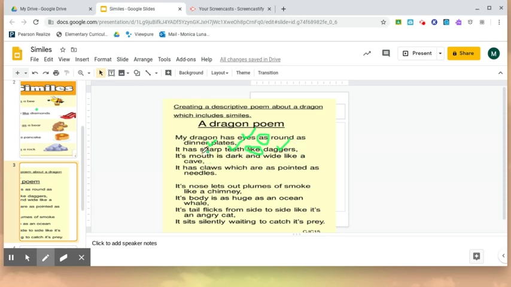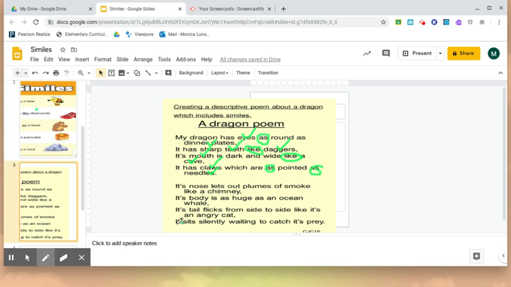So they're saying that the dragon's mouth is like a cave, and here they use the word like. It has claws which are as pointed as needles. Here they're comparing the claws to needles. And here's the word as, okay? And here it is again.